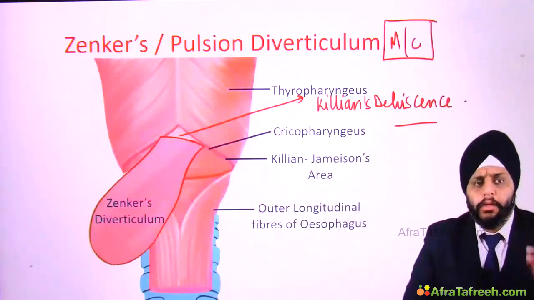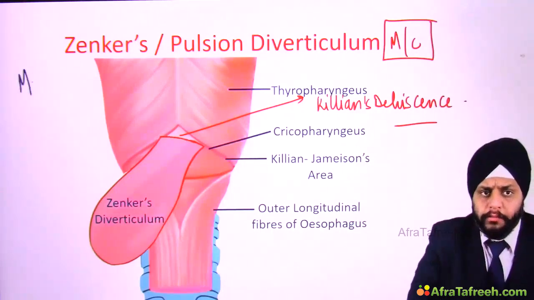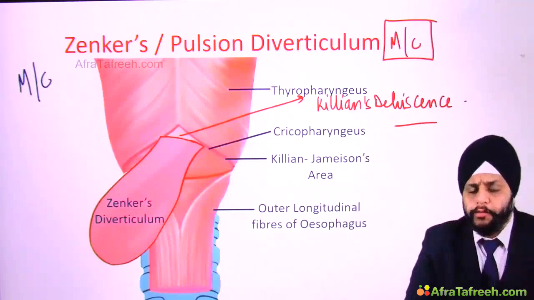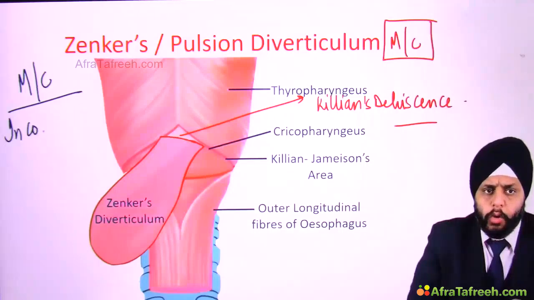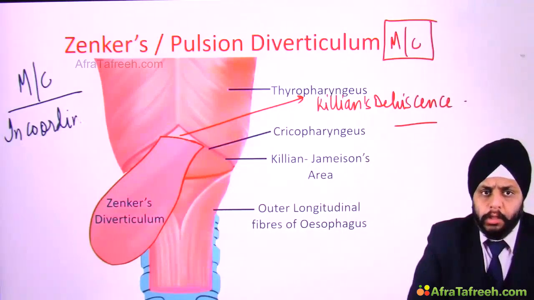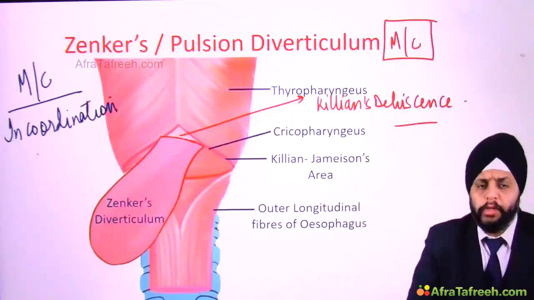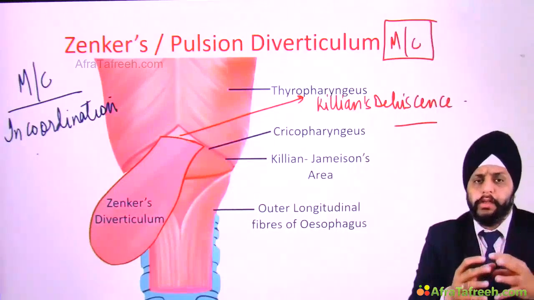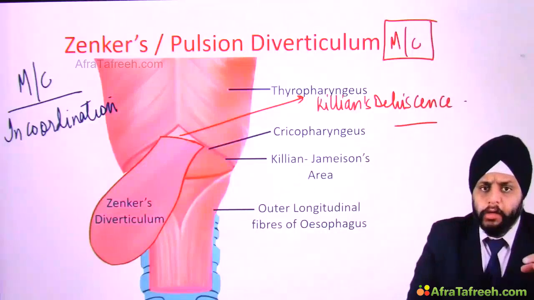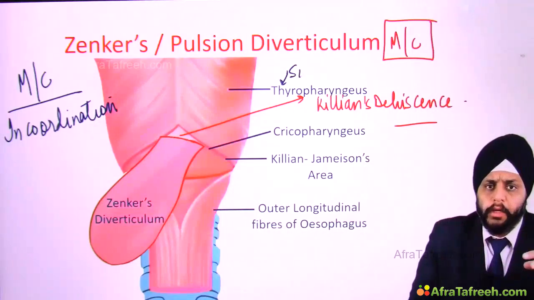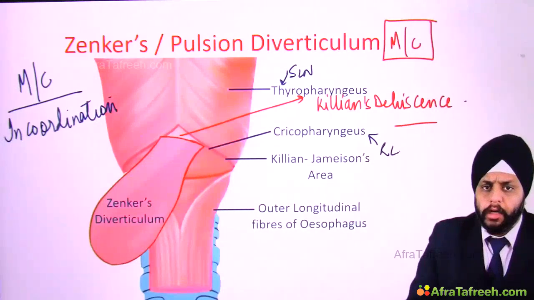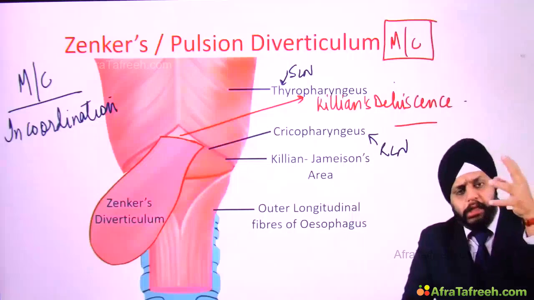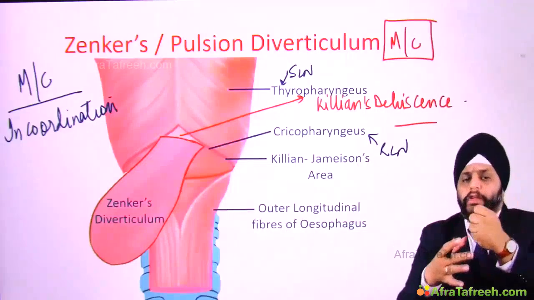Now, the most common cause for formation of Zenker's diverticulum is incoordination between the two muscles: the thyropharyngeus, which is supplied by the superior laryngeal nerve, and the cricopharyngeus, which is supplied by the recurrent laryngeal nerve. Ideally, the thyropharyngeus contracts and the cricopharyngeus relaxes.